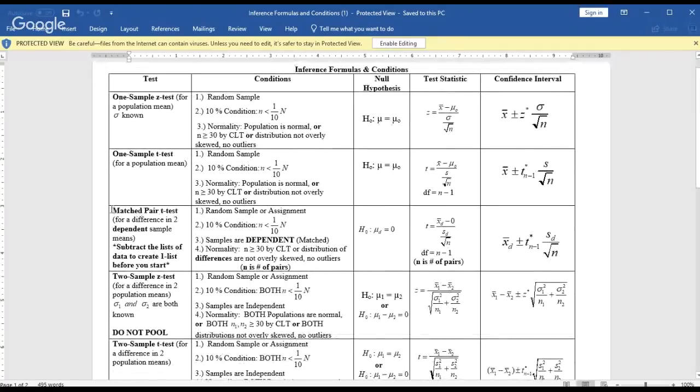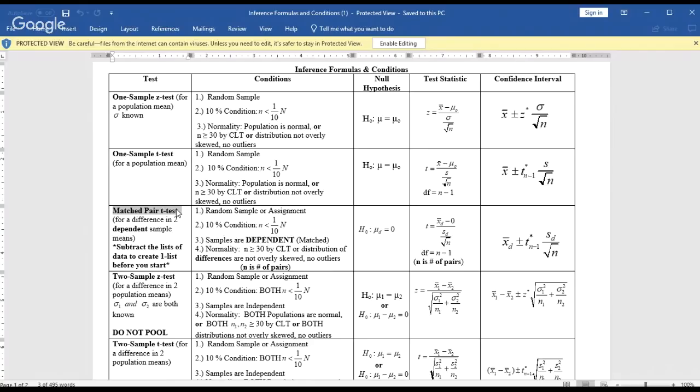Remember, for a matched pair t-test, they're going to give you a table with data that looks like it's matched up, and you've got to ask yourself, is it matched up for a reason? Some of the reasons it's matched up are the two pieces of data from the same person.